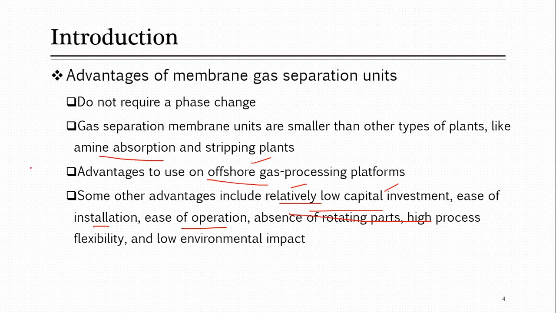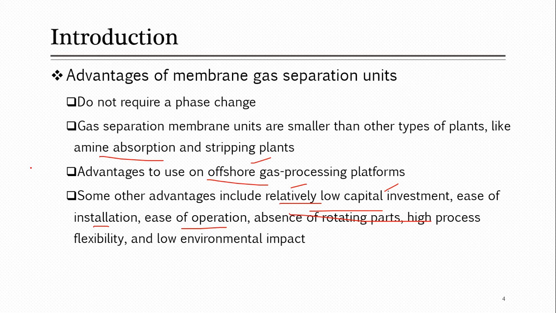The one overall disadvantage, when people criticize gas separation through membrane, is that you have to compress the gases. You are already aware from RO, the reverse osmosis system, that on the inlet or feed side the pressure should be high, and we will also talk about this later on in this lecture.